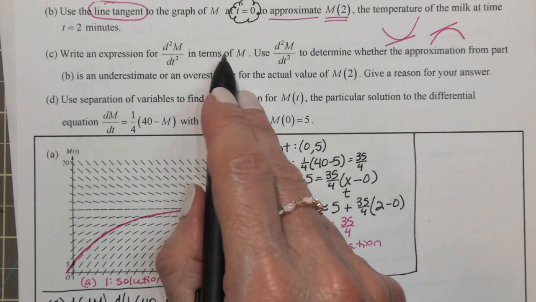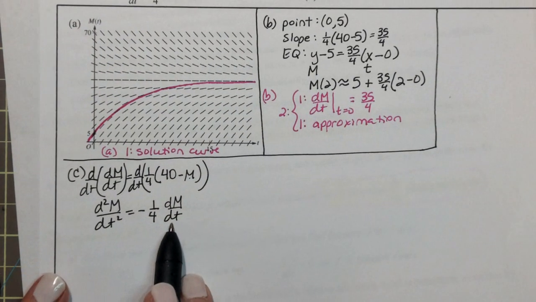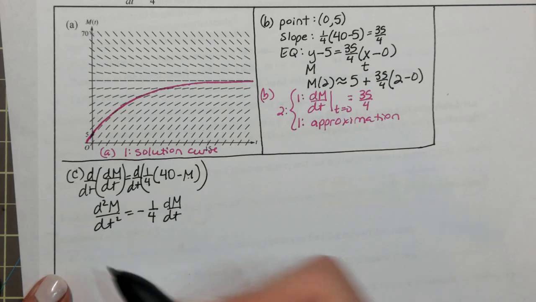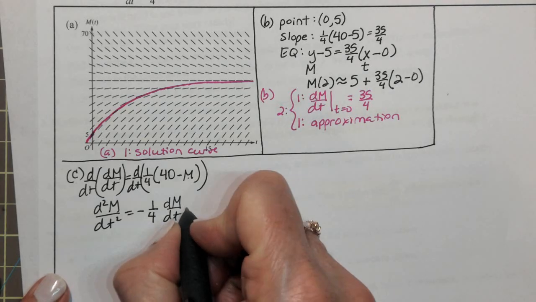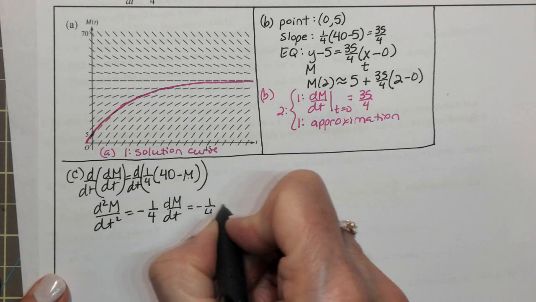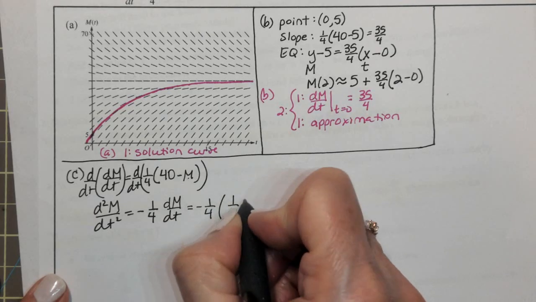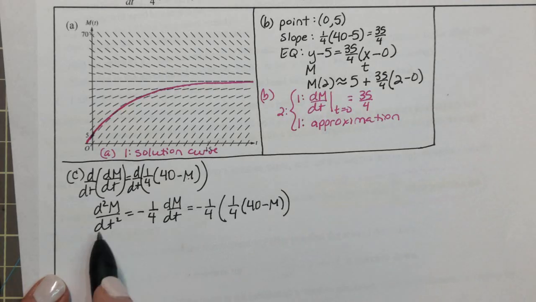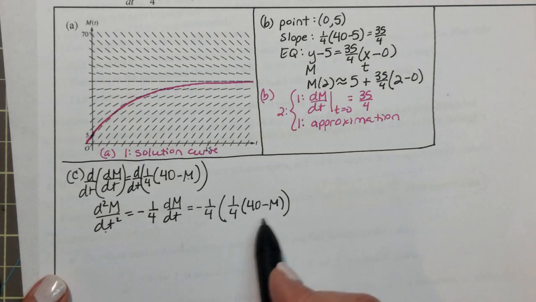We were told to get this in terms of m. It is not in terms of m yet, so I'm going to replace dm dt with what dm dt is equal to. Now I have written the second derivative in terms of m.